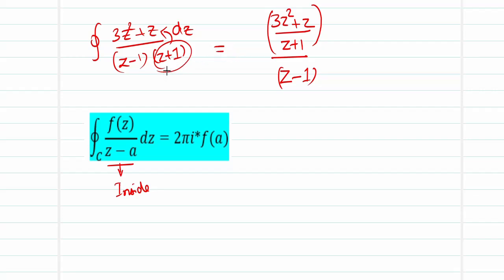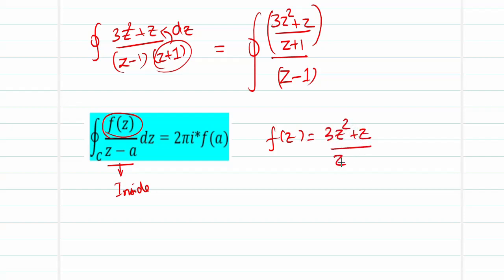The point that lies outside can be clubbed with your numerator, so that it becomes 3z square plus z divided by z plus 1. So keep in mind, whenever you have factors that lie outside, they can be clubbed with your f of z, leaving just the poles that lie inside in the denominator.